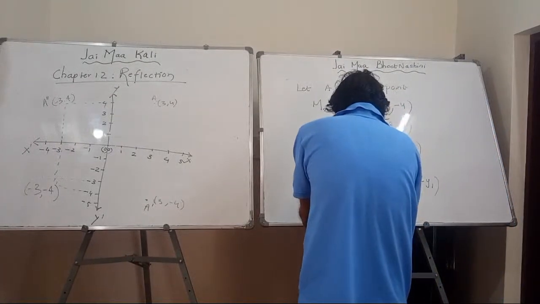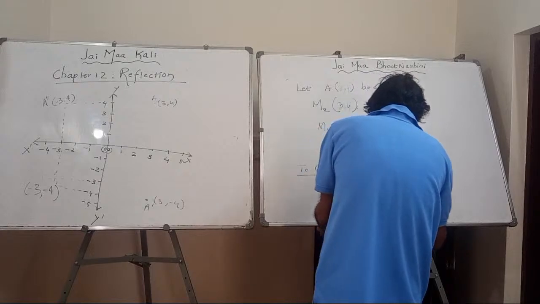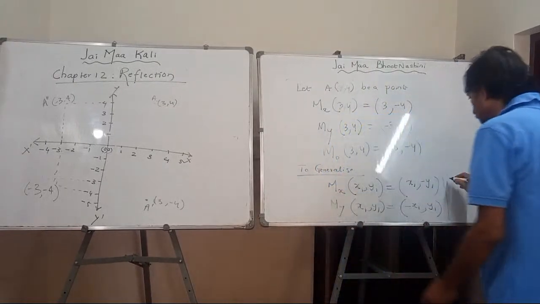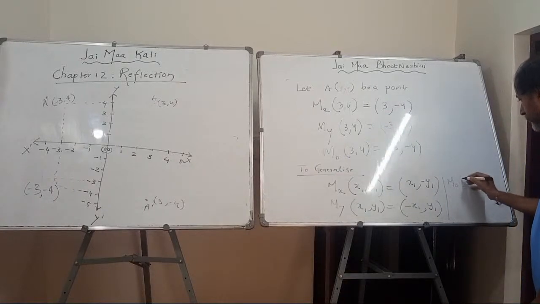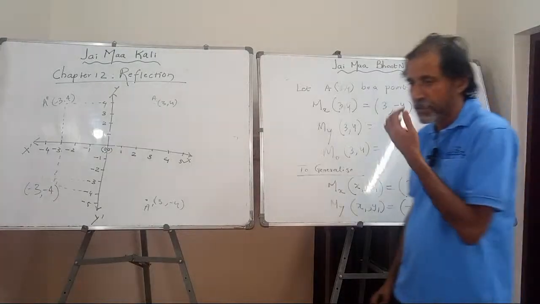Reflection in the y-axis of (x1, y1) will be (-x1, y1). And third, reflection in the origin of (x1, y1) will become (-x1, -y1). Understood? That should sum it up.